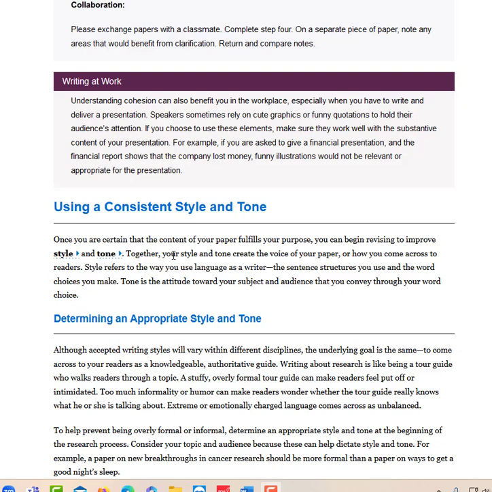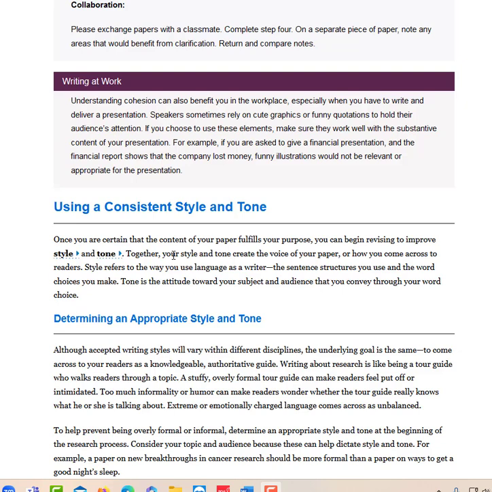A stuffy, overly formal tour guide can make readers feel intimidated, but too much informality can make readers wonder whether the tour guide really knows what he or she is talking about. Extremely emotional language comes across as unbalanced. To help prevent being overly formal or informal, determine an appropriate style and tone at the beginning of the writing process.